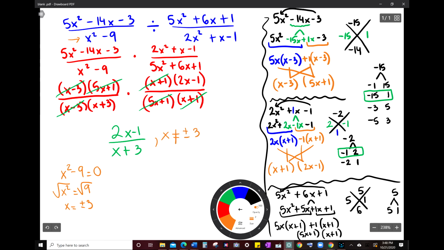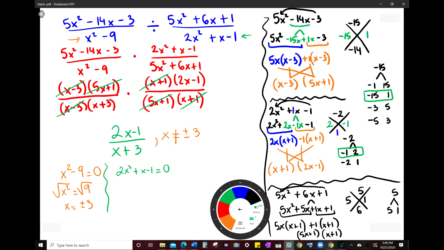Okay. And then the second part we have right here is this. And then we can solve it. So I will label it with different colors so you guys can follow it easier. So the second one we have is 2x squared plus x minus 1 equals 0.